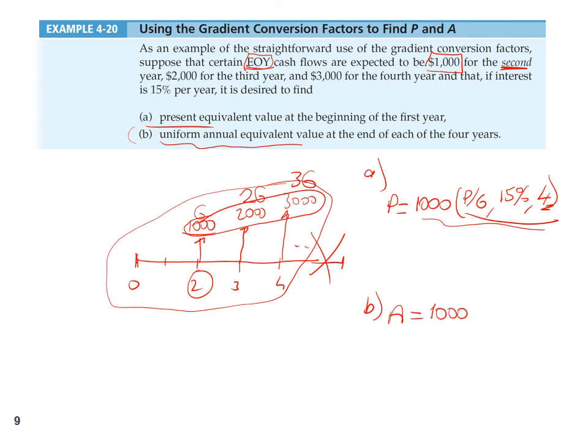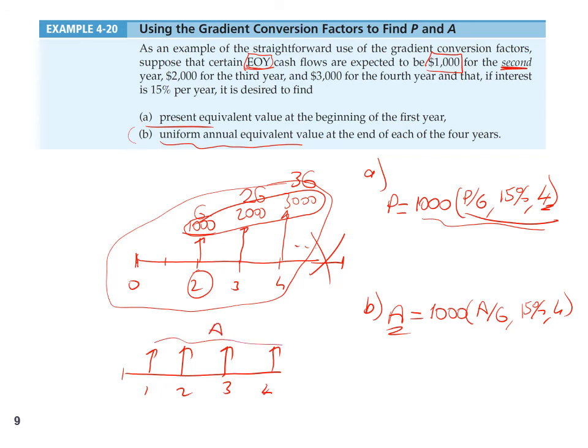This increase amount multiplied by this factor A given G, 15% and 4. And this will give you this annual equivalent series. And the cash flow for this annual equivalent series will be this one. Starting from year 1, 2, 3, and 4, we will pay the same amount of A.